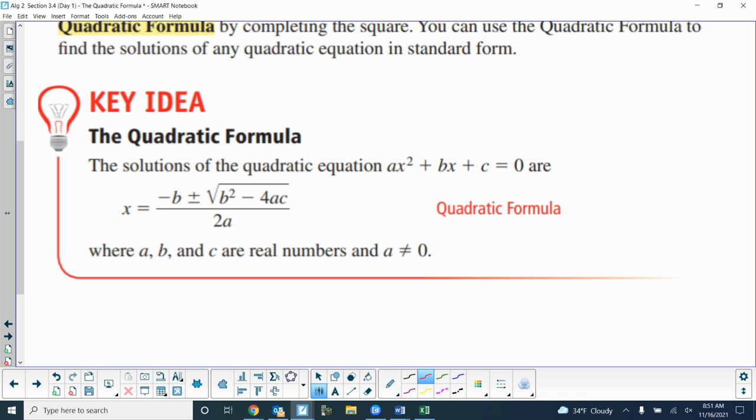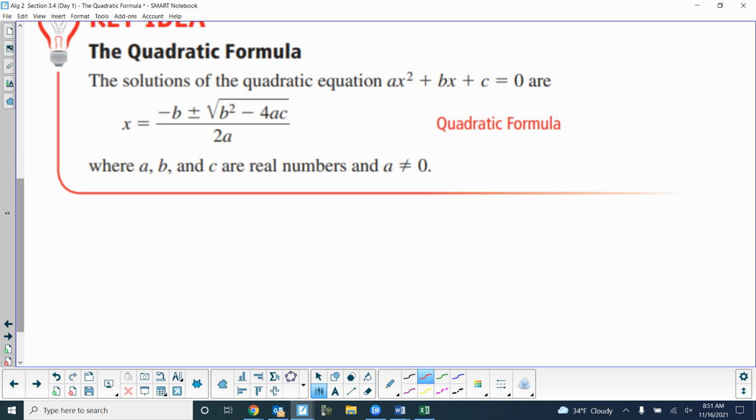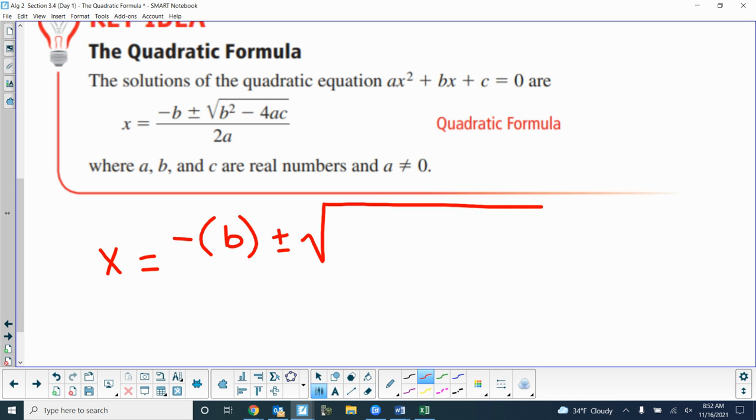Okay, when I use the quadratic formula, I always put parentheses around the letters. That way my signs are never wrong. So when I put it in my calculator, I put the b in parentheses. See that, plus or minus, just like we do when we take the square root of both sides, right?